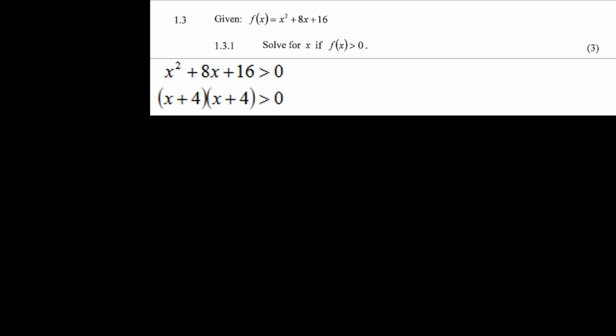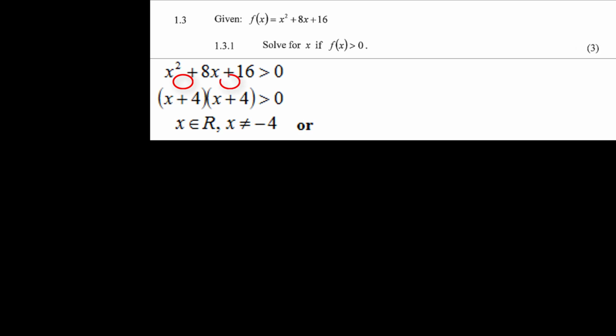Now let's look at the cases here. At x equals minus 4, f of x is equal to 0. If x is greater than minus 4, that number is positive, then the two positive terms multiplied are always greater than 0.